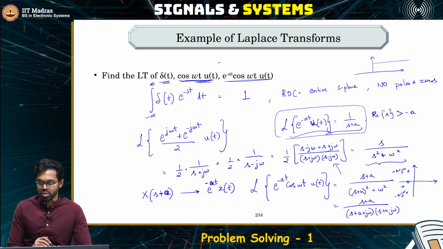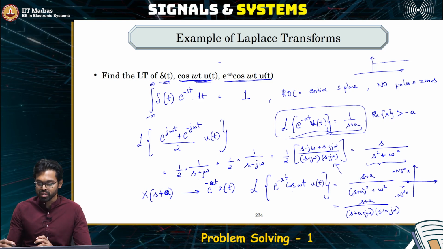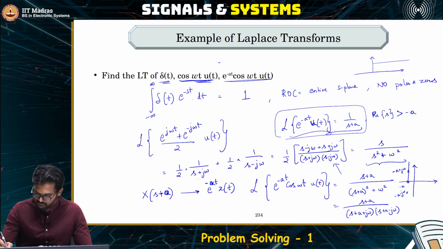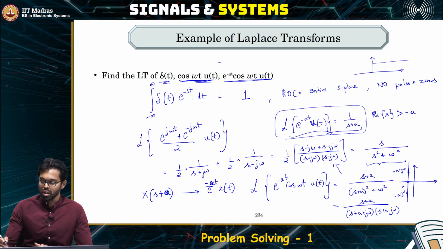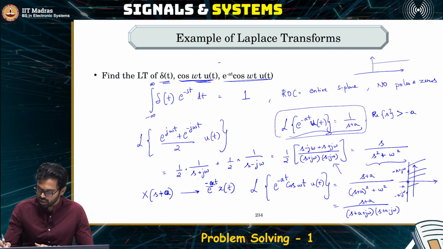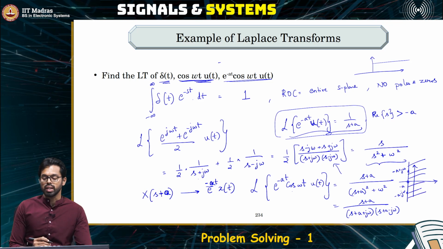So those are the poles, and the ROC was shifted by a, and it is shifted to the left side because we have a minus a, right? So now the ROC here looks like this.